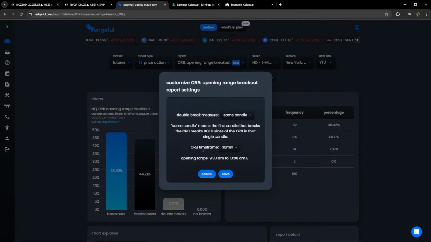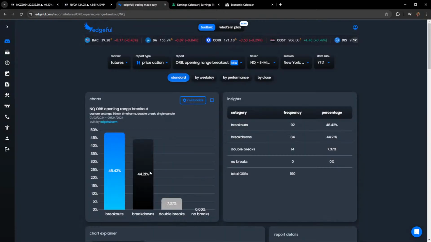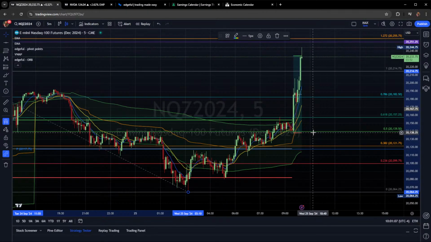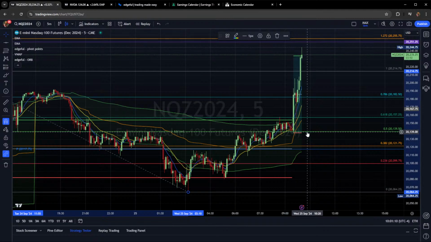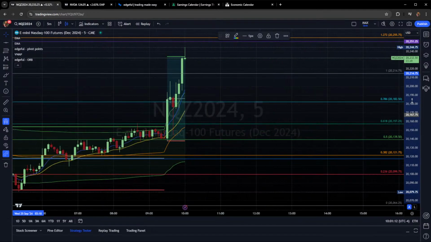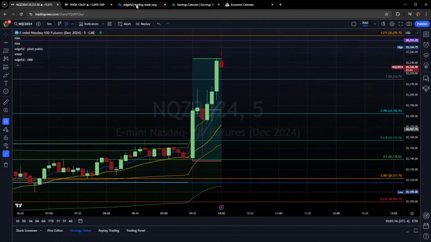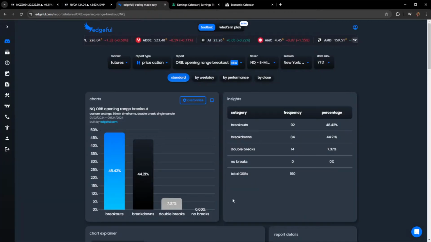So 30 minutes, and then do we double break it within the next 30 minutes? So the probability that we break this in the next half hour, so by 10 o'clock or so, the chances are super low. I mean, for this to completely reverse right now is super low.